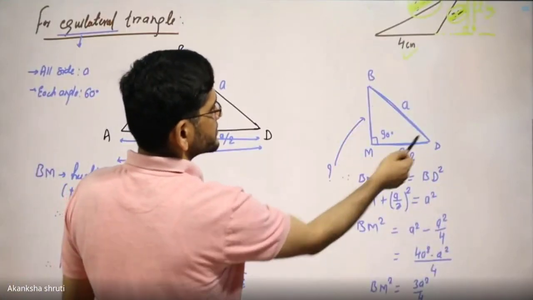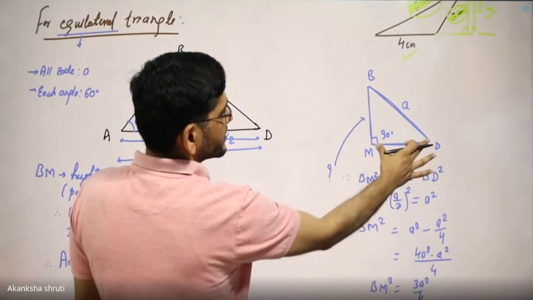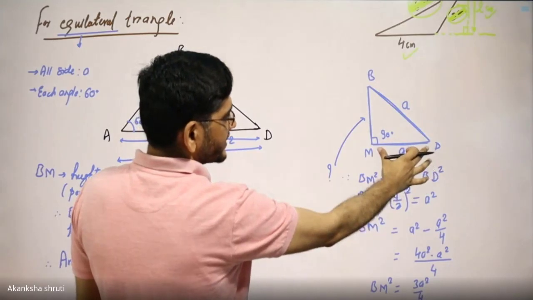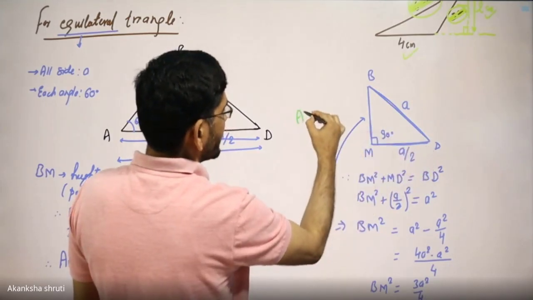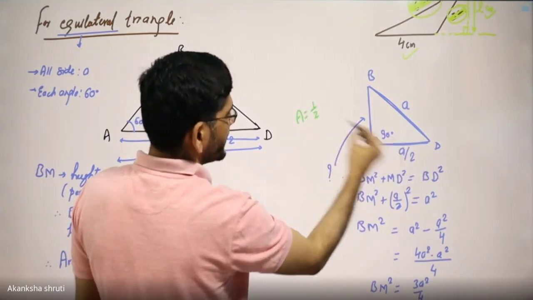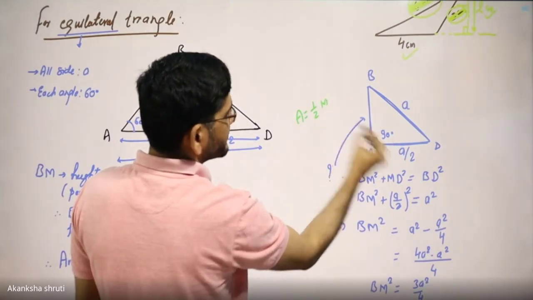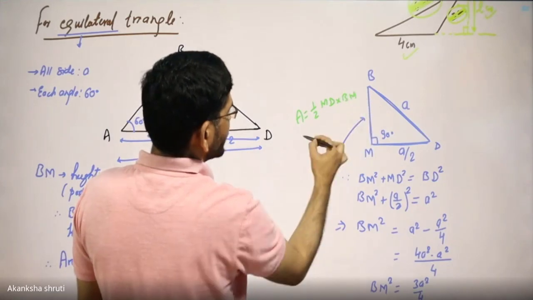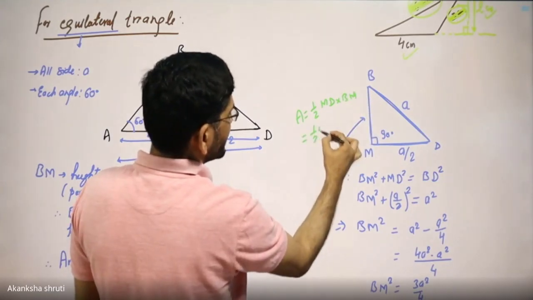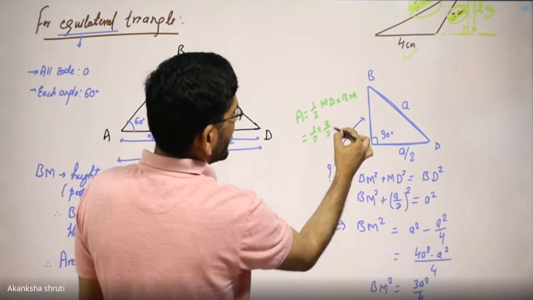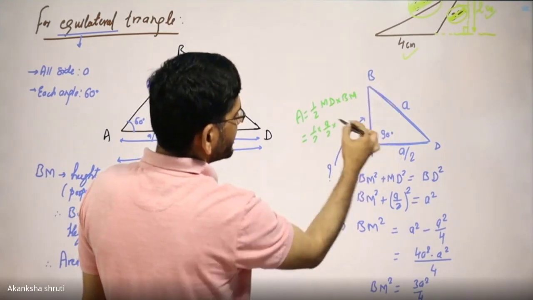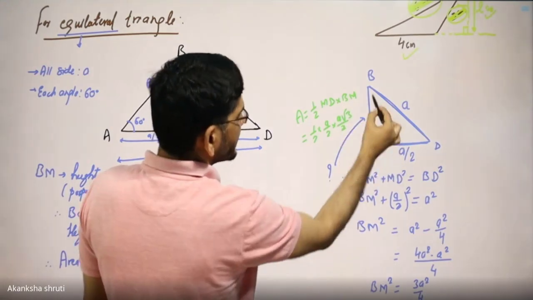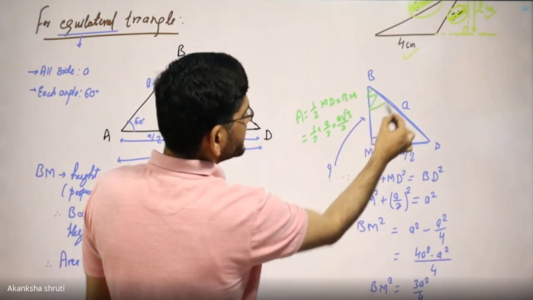Now, since this itself is a right angle triangle, this can act as the base, then this can act as the height. So area of the triangle will be half into base, meaning MD, into BM. Students, MD is half into A by 2 and MB we have just calculated as A root 3 by 2. It will give us the area of this triangle.